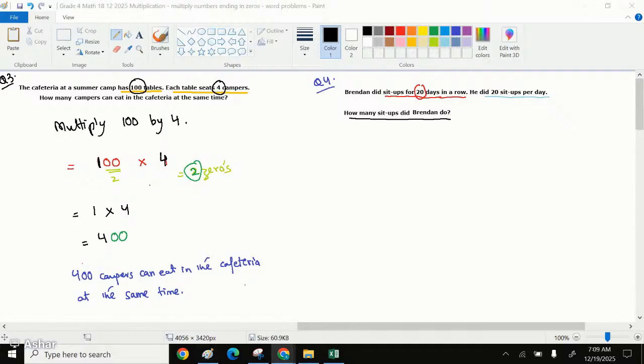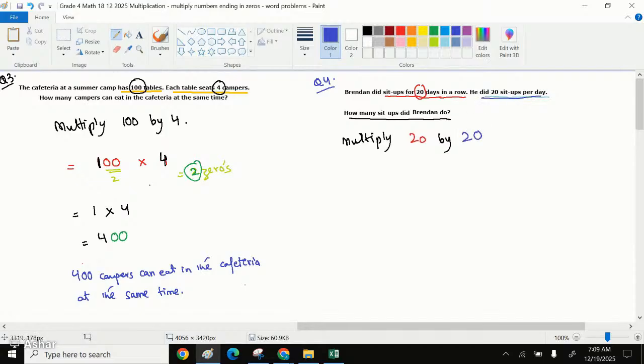So in order to find the total number of sit-ups, if he did 20 per day and he did it for 20 days, we need to multiply 20 by 20, because every day he was doing 20 sit-ups.